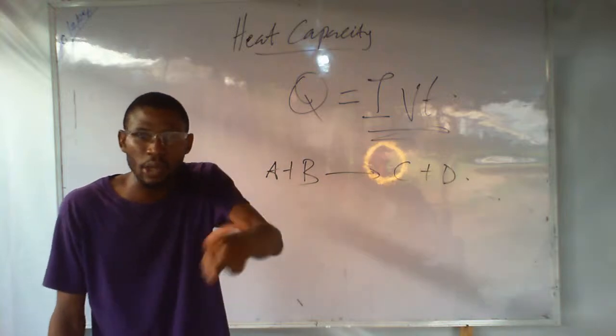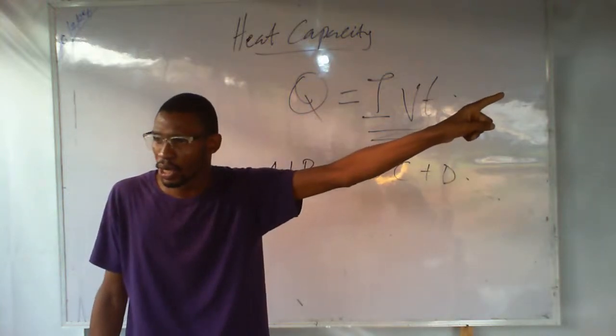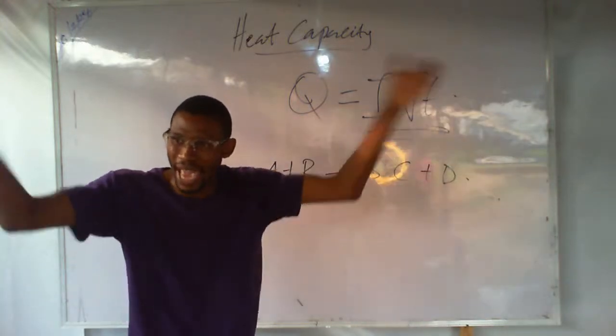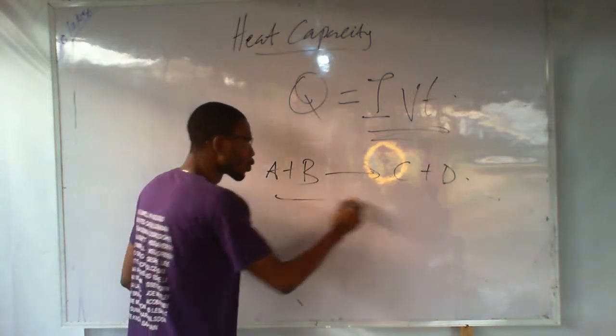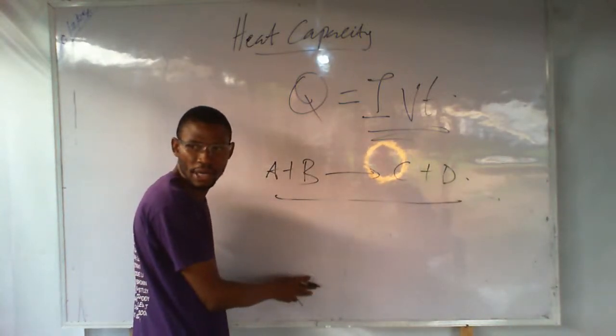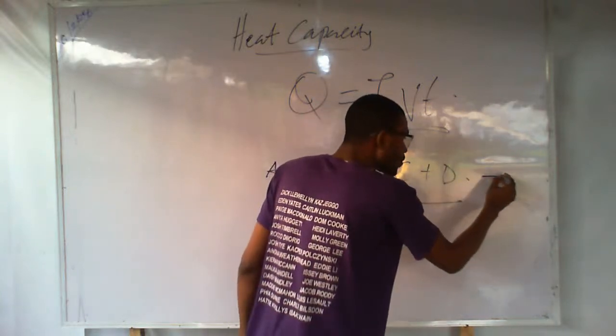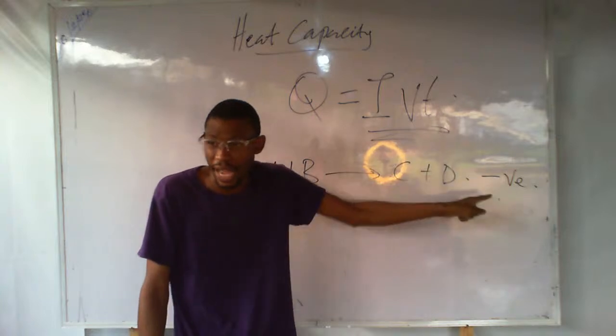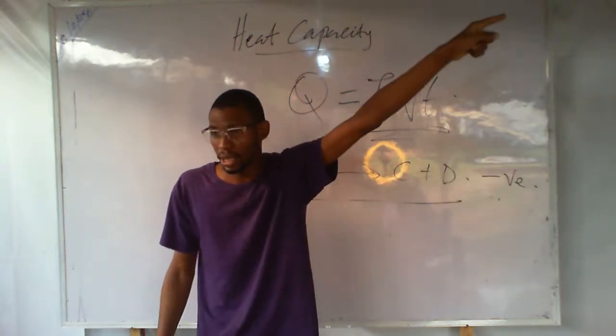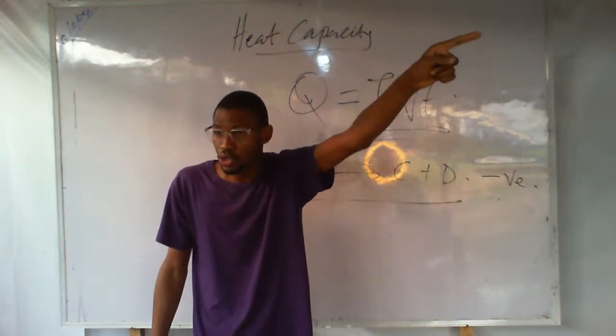Now, during this process, there are two things that can be involved. Either heat is lost to the surrounding, or heat is gained. Are you getting that now? So now if this reaction progresses and we have a negative sign like this, this indicates that the reaction is exothermic, that heat is lost to the surrounding.